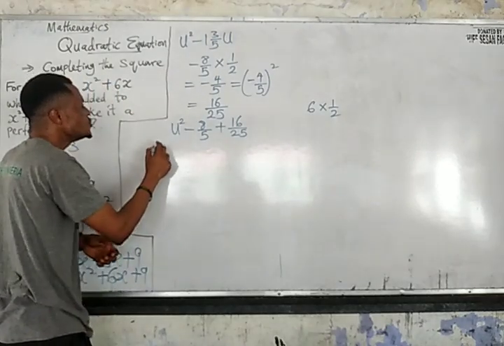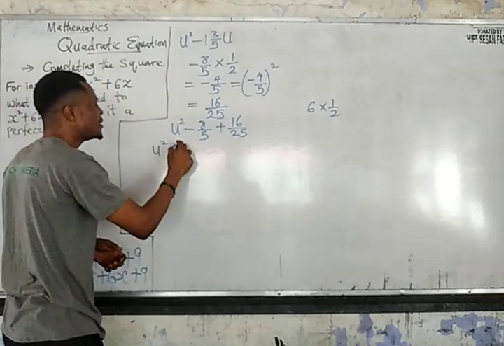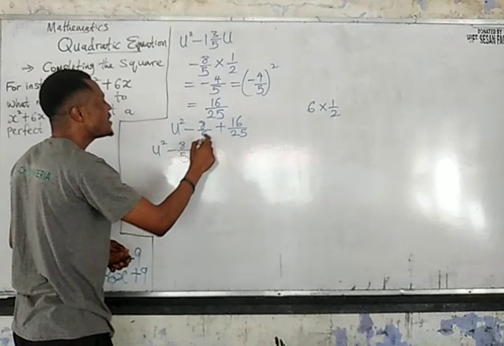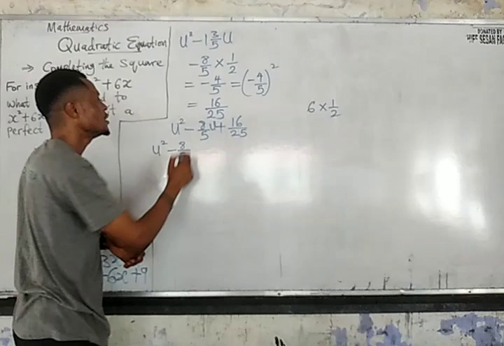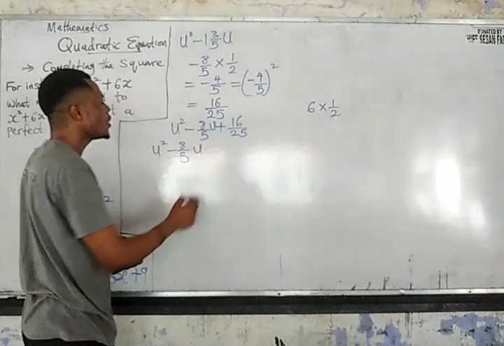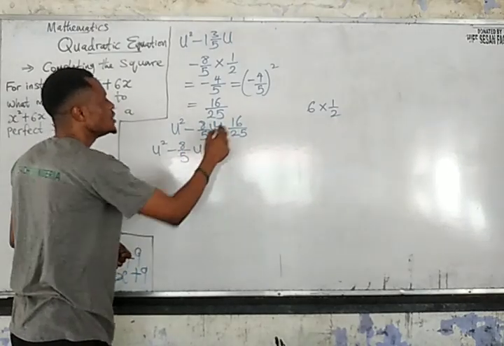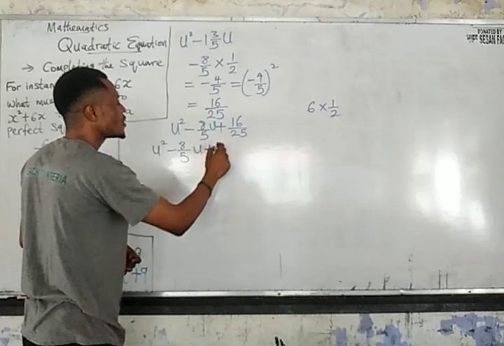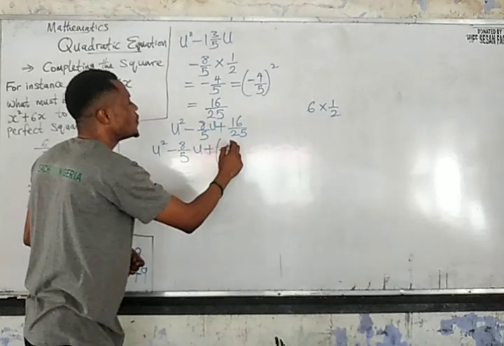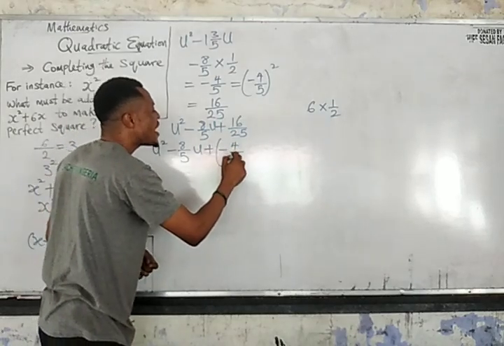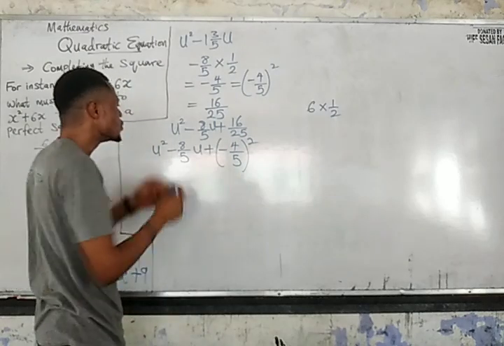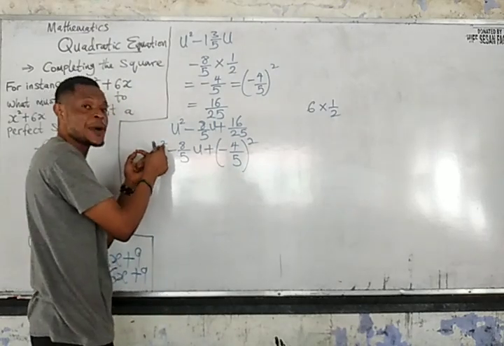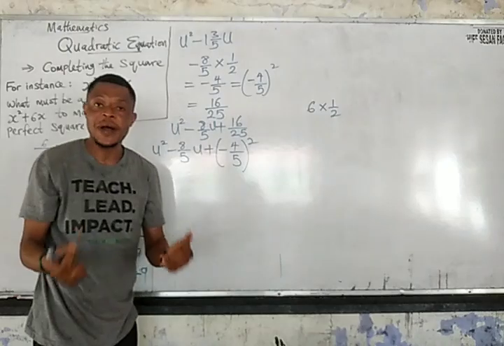So we have u squared minus 8 all over 5. Sorry, I left the u here. So the u will be here. So we have 8 all over 5 u, then plus minus 4 all over 5, everything raised to the power of 2. So this is having a power of 2. This is equally having the power of 2.